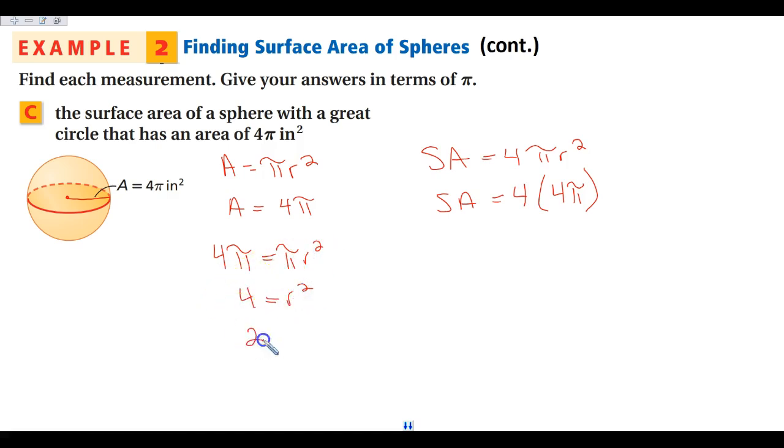Then you square root both sides to get that 2 as your radius. And you could plug 2 in over here and that would be fine. But if you recognize that surface area is the area of the great circle times 4, well, if they give you the area of the great circle, then all you have to do is multiply that by 4. So that way we have surface area is 16 pi inches squared.